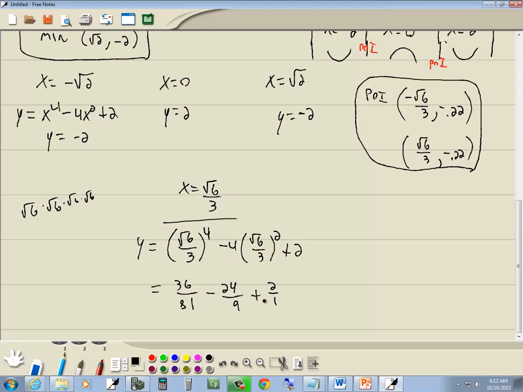And I'll put 2 over 1. I want to get a common denominator. So we got 36/81 minus 24/9 plus 2. 81 will be our common denominator. I multiply the bottom part by 9, so multiply the top part by 9. 216. So we had to make a math error. And here I multiply the bottom part by 81, so I multiply the top part by 81. That gives us 162. 54, so that's -54.